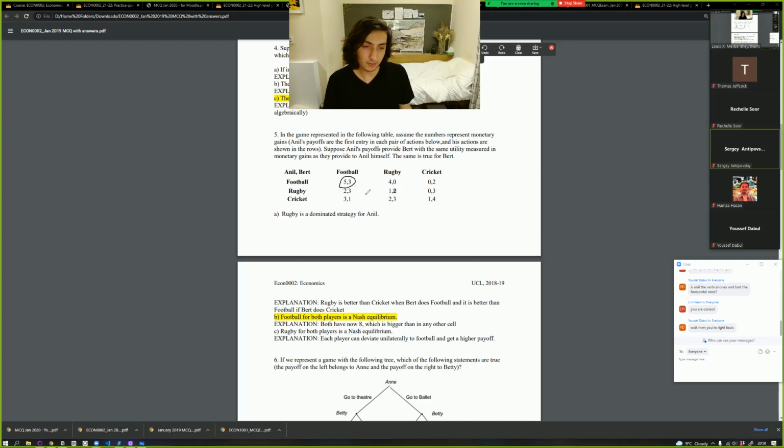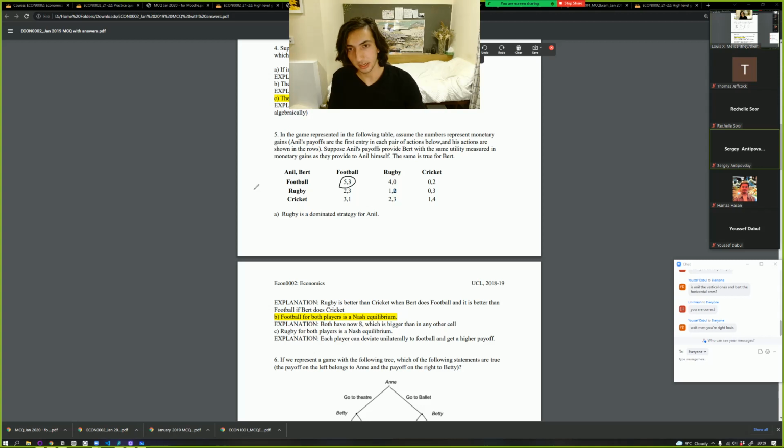If they personally can benefit from moving, then they are not in a Nash Equilibrium. If they can gain no benefit from moving, then they are. It's sort of like you and your friend have options, and if you have the option to be entirely selfish and do the thing that suits you best, then you're not in a Nash Equilibrium. Whereas if all other options are worse, then you are.